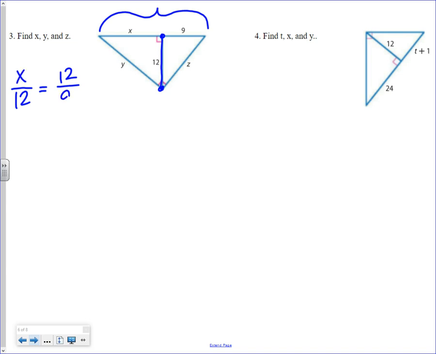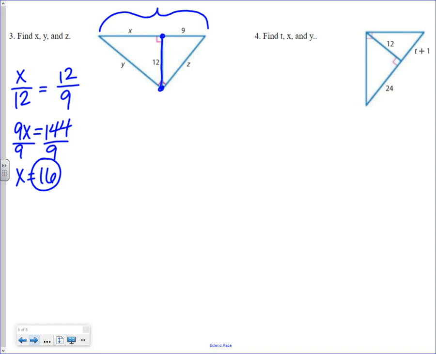X and 9. Can I now solve for x? Sure I can. Cross multiply, what is x times 9? And 12 times 12. And how do you isolate there? So what's x? All right. We're moving and grooving now.